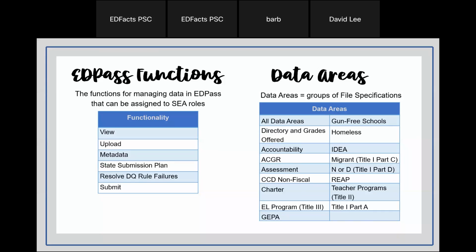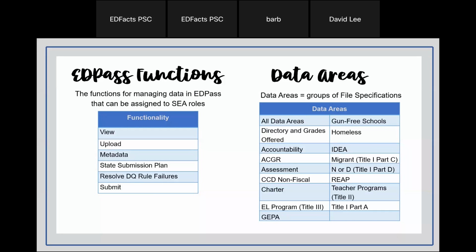This is different from the current process because most data quality takes place after a due date, whereas in EDPass, as we've been saying, all of the data quality is going to take place before the file is submitted. So when someone uploads a file, they are truly just uploading it to the EDPass database, and then the next step is all the data quality edits are going to run.